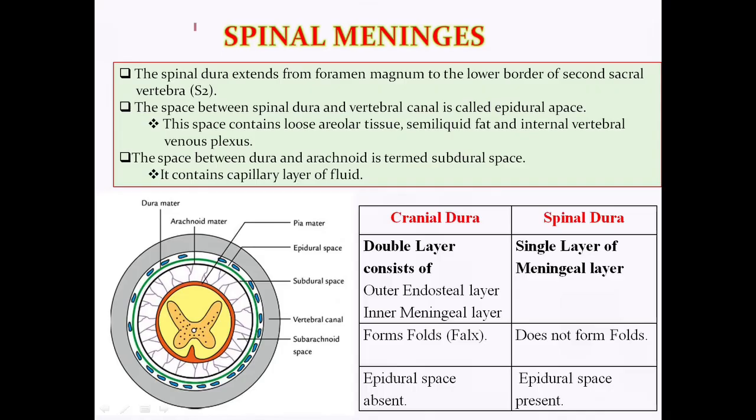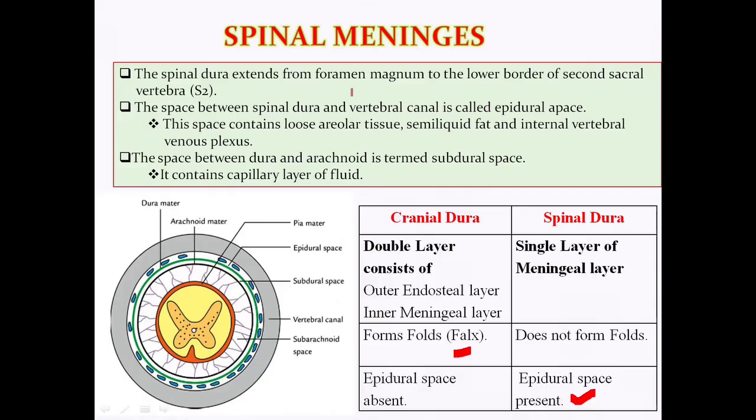That's why the cranial dura is thrown into folds called the Falx, but the spinal dura does not make any folds. That's why it's a single layer. And in the spinal dura, we will study an important term called the epidural space, which is absent in the cranial dura. So let me come back to the spinal meninges.